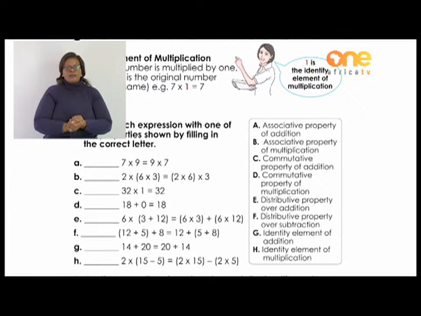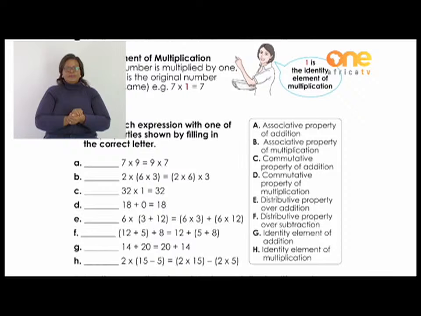The teacher is saying 1 is the identity element of multiplication. How? If you multiply 1 by a number, you get that number. And remember about the identity element of addition, which is 0.